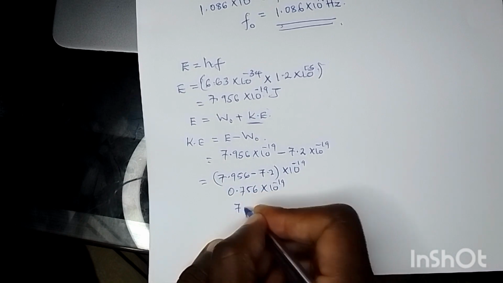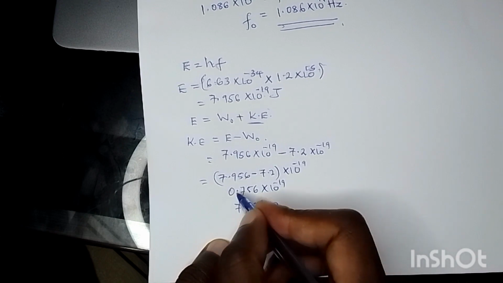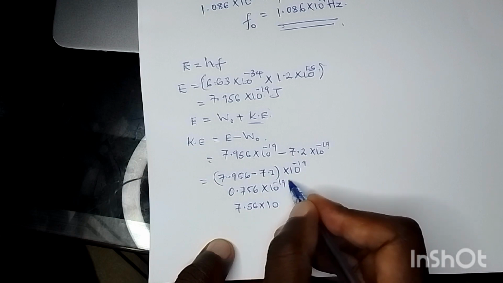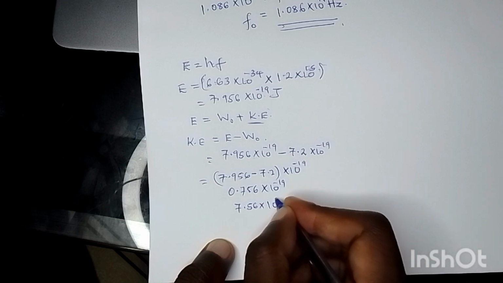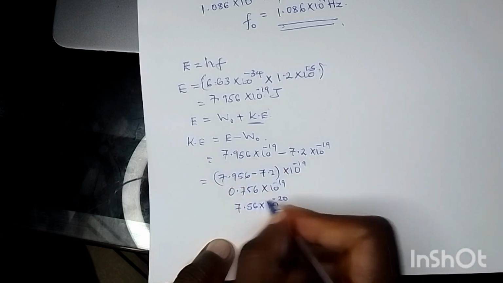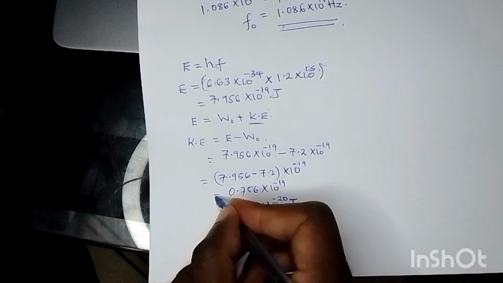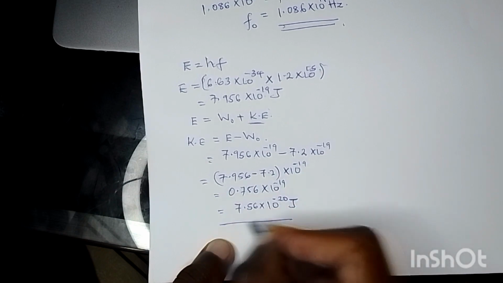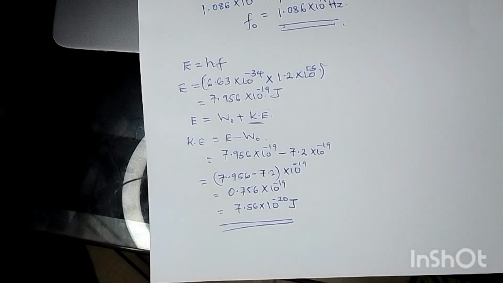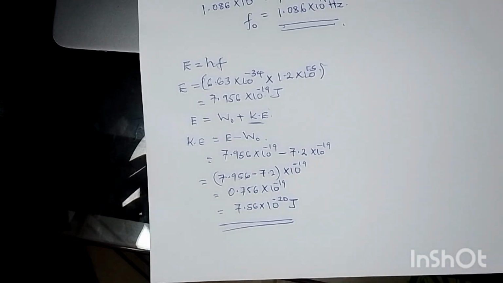It becomes 7.56 times 10 to the power, because here I moved one step, it is negative, so I come and add negative 1 here. I get negative 20. And because it is energy, the value is in joules. So that is the maximum energy of the electrons emitted when the surface is illuminated with radiation of frequency 1.2 times 10 to the power 15 hertz.